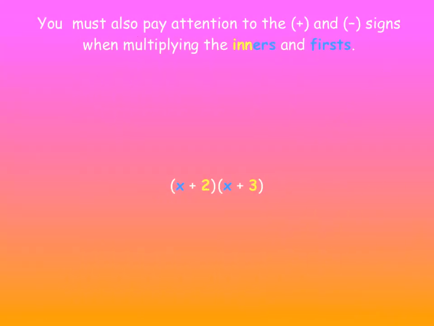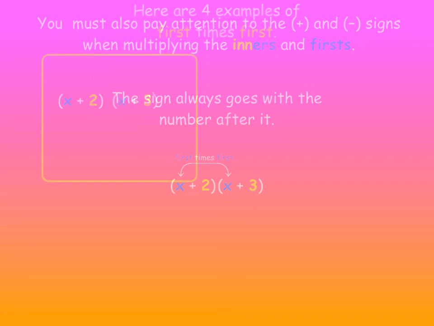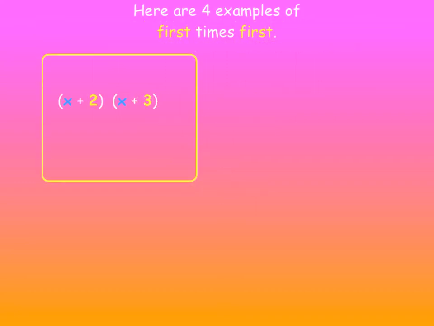You must also pay attention to the positive and negative signs when multiplying the inners and the firsts. The sign always goes with the number after it. Here are 4 examples of first times first. X times x, x squared.